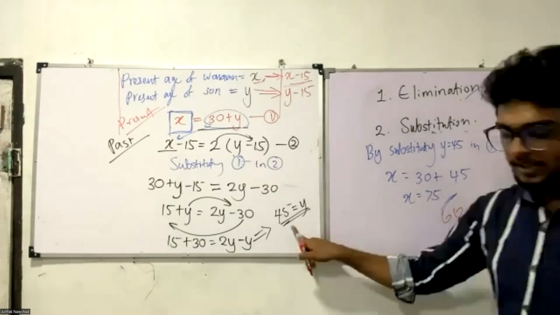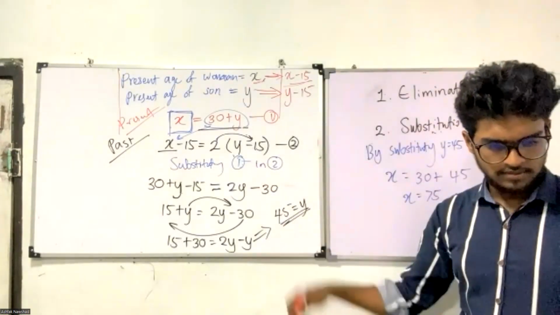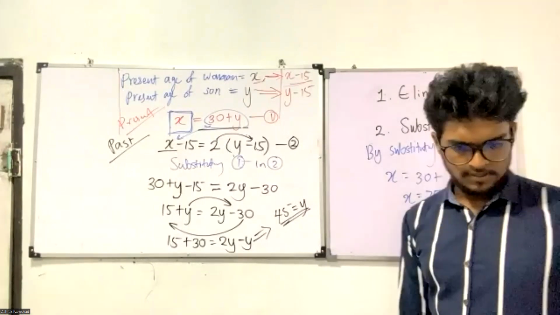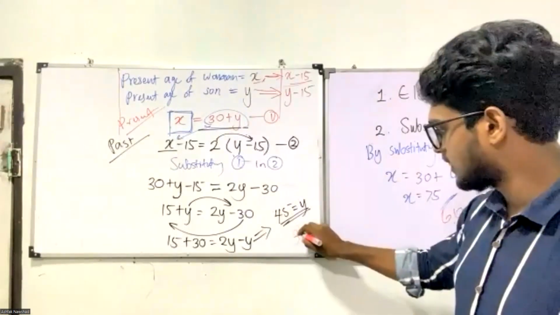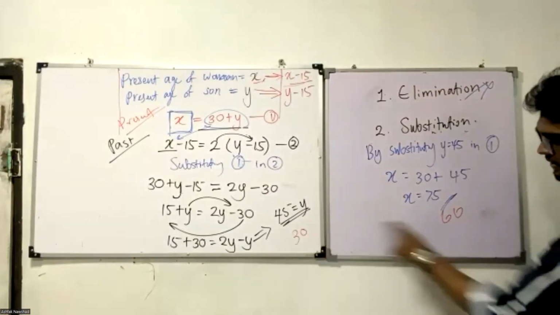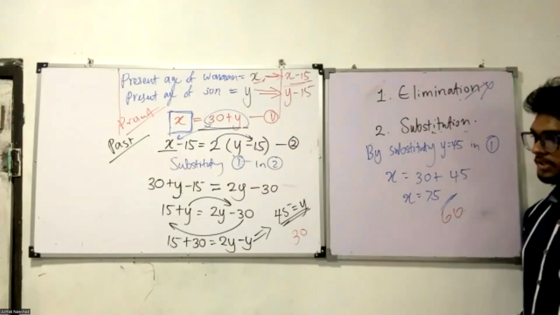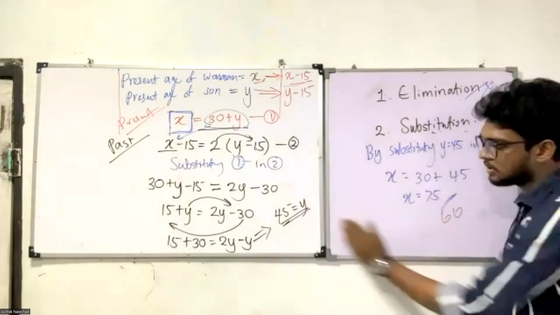And the son, he is now 45. 15 years ago, how old was he? 30, exactly, 30. So see, the woman's age was double 15 years ago. The woman's age was twice the son's age. The question is correct. Our answers are also correct.